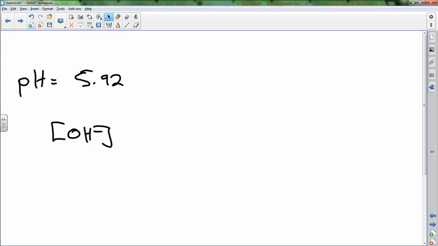Okay. There's a couple ways to go about it. The thing that makes it a little bit hard is we're talking about pOH, but we need to know the concentration of the OH minus, right? But one thing that we remember, we know that the pH and the pOH always have to add to 14.